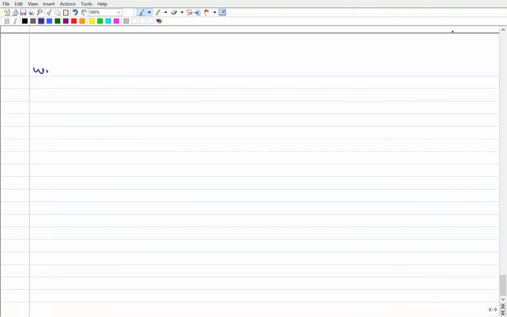So working note 1. The objective of these working notes is to determine debtors, creditors, and inventory balances.